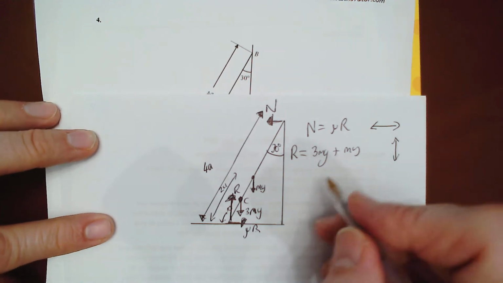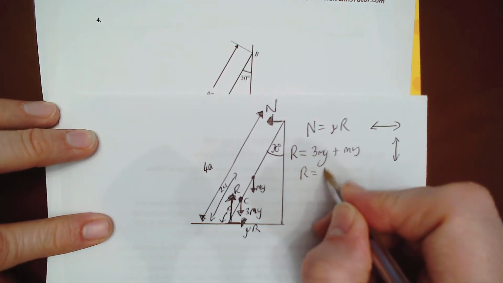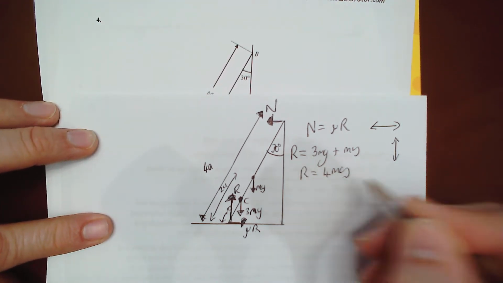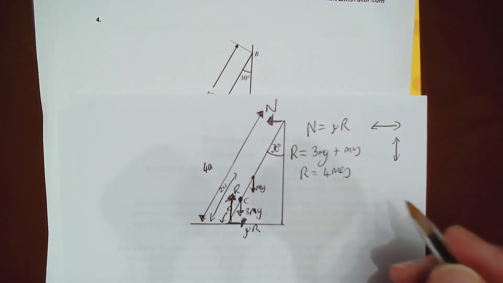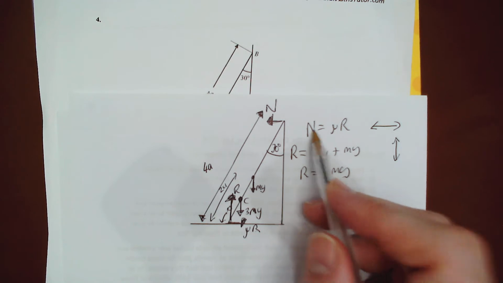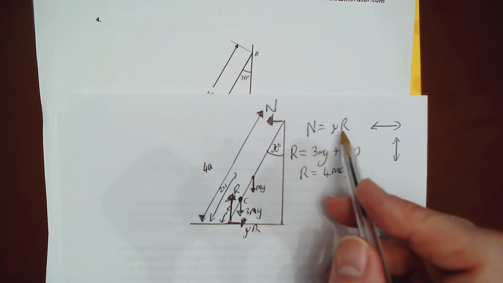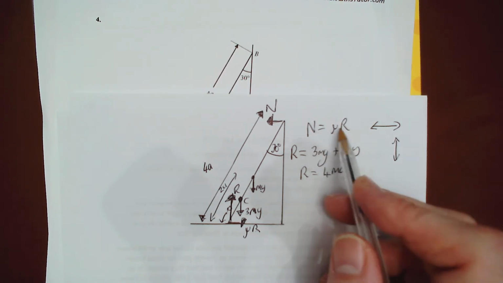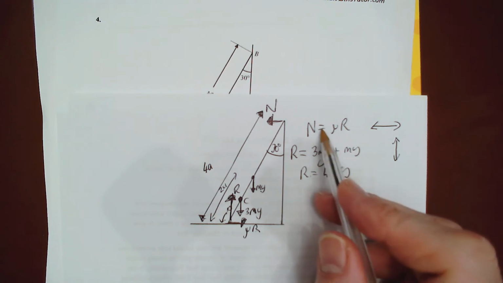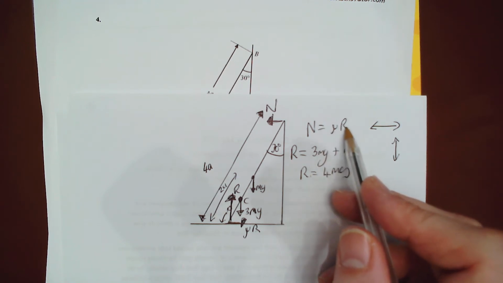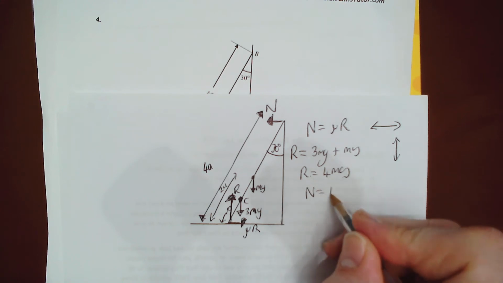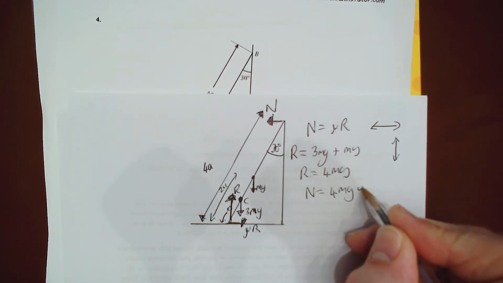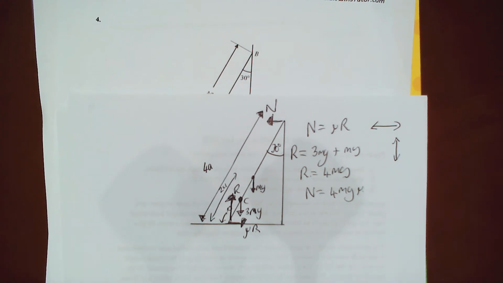So it looks like the reaction force is 4mg. I can then get rid of that R, and say N equals 4mg mu, which will come in handy at some stage.